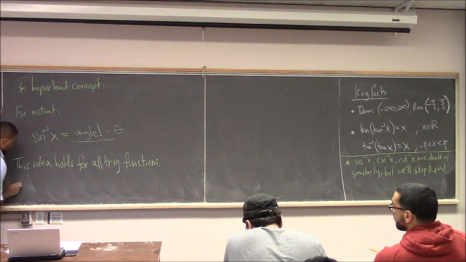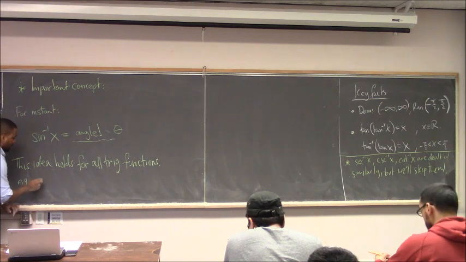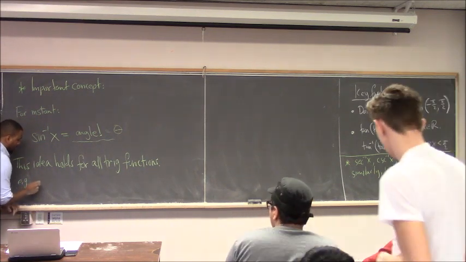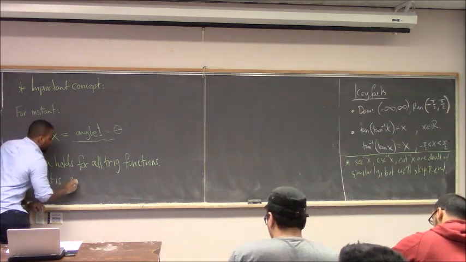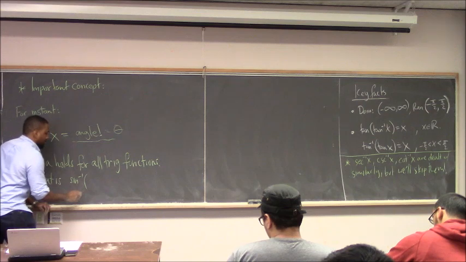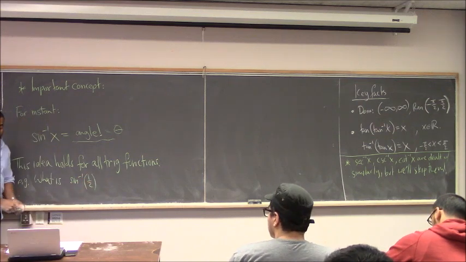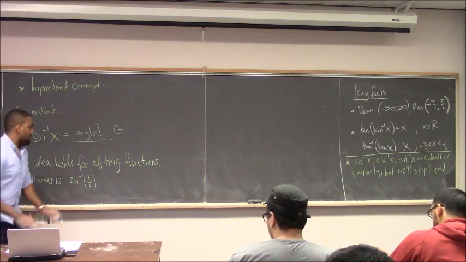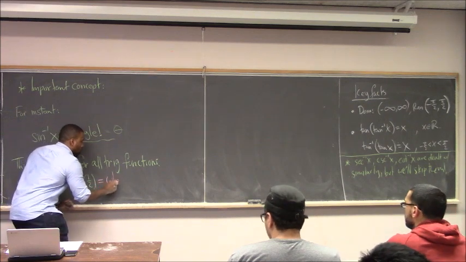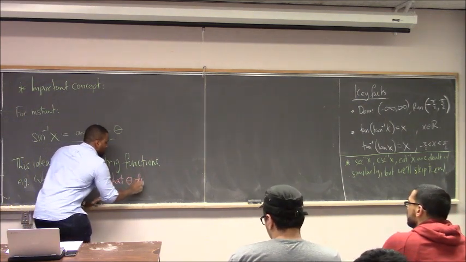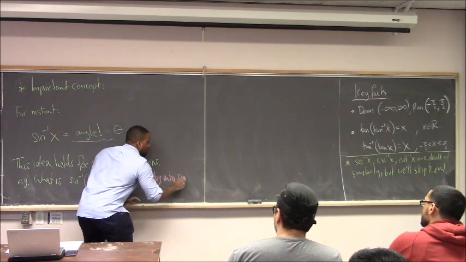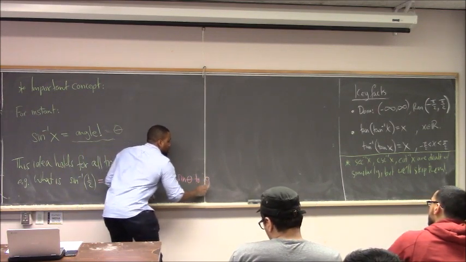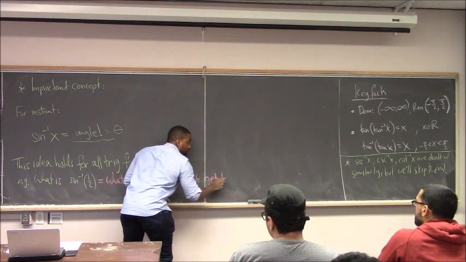So, example, if someone asks you, what is the sine inverse of a half? What you should be thinking is, what theta do I plug into sine to get a half?